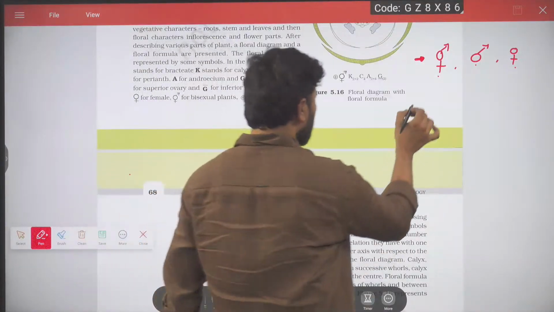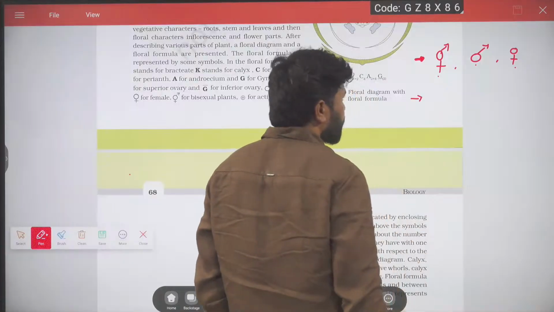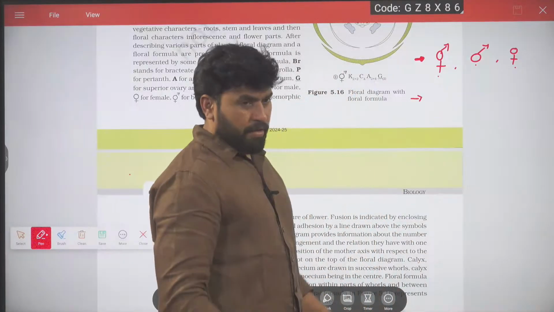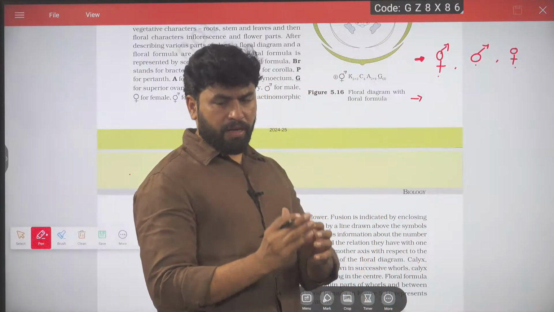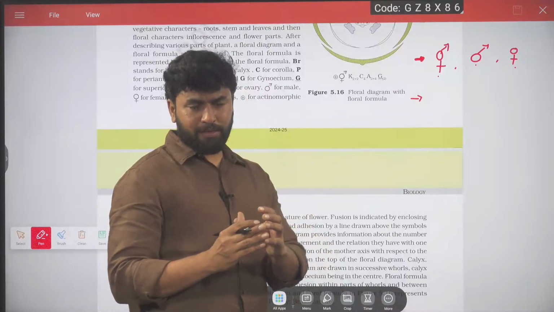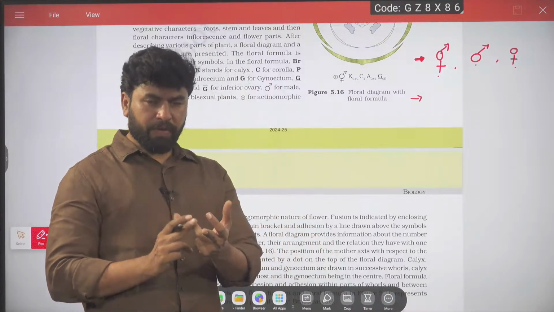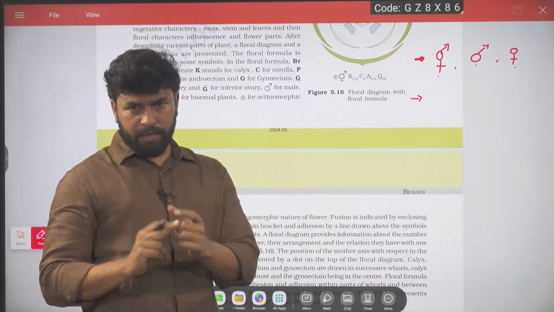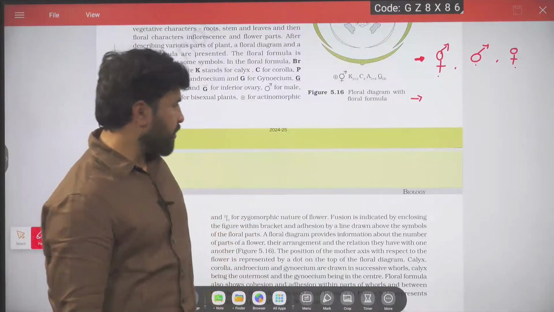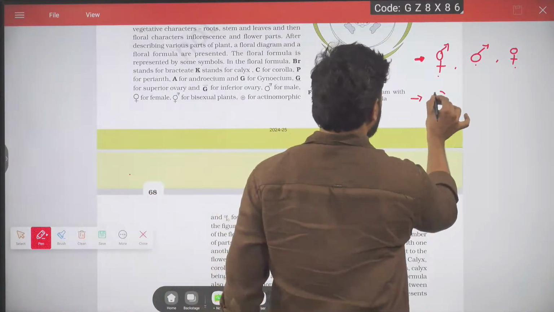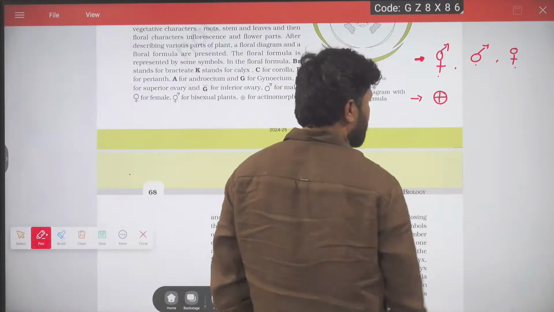Next one. After that, symmetry. When you talk about symmetry, we have varieties of symmetries over there. Asymmetric flower and also zygomorphic flower and also radial symmetry, actinomorphic flower, etc. We have seen over there. If the flower exhibits radial symmetry, this is the symbol.